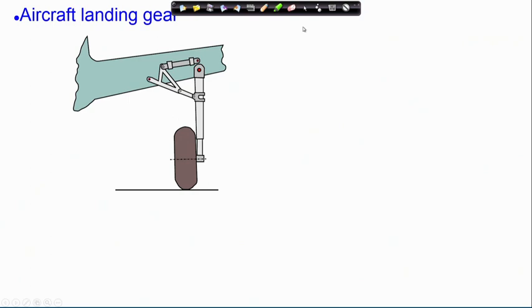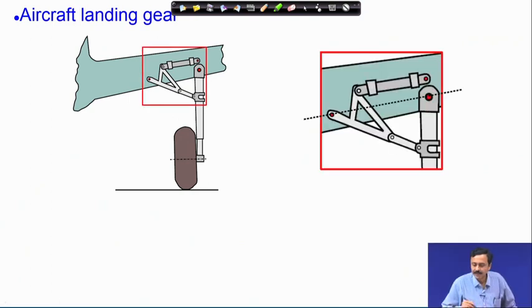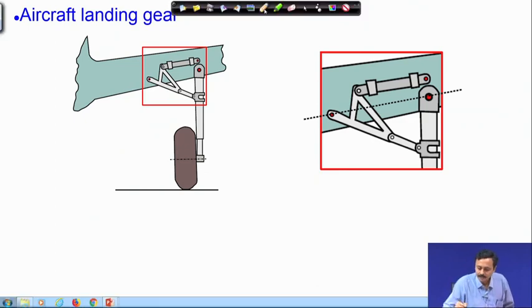Similarly, in the aircraft landing gear, if you look at the mechanism in the aircraft landing gear, this is again a 4 bar mechanism, and here also theta 2, this dashed line is the line of frame, and this is theta 2 and this is theta 3.